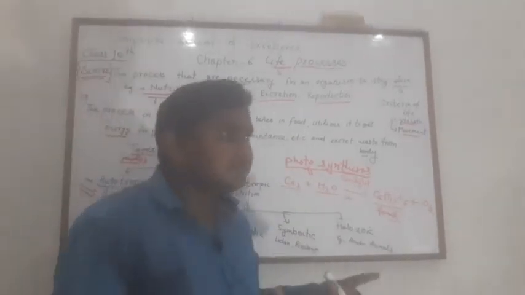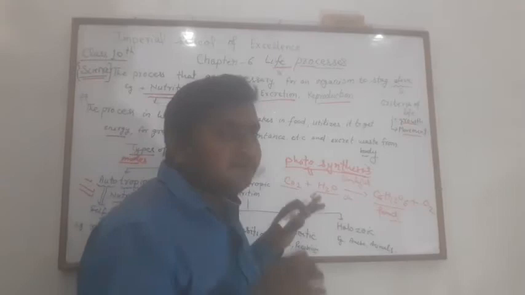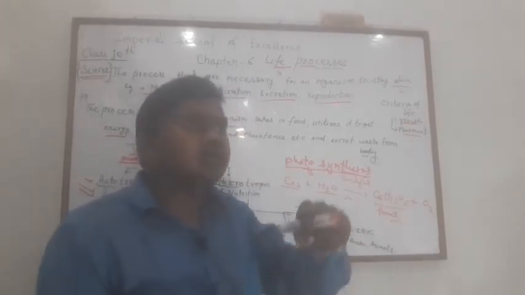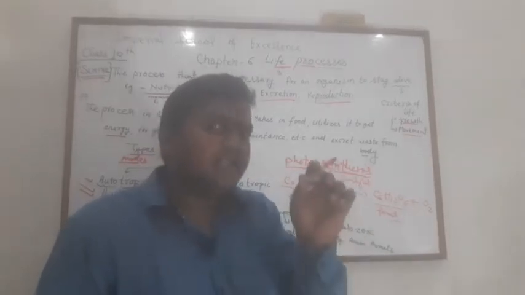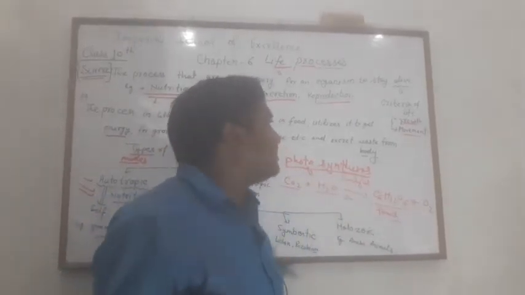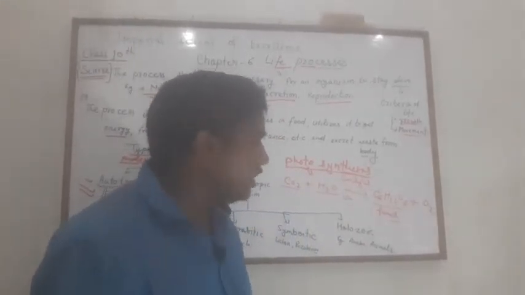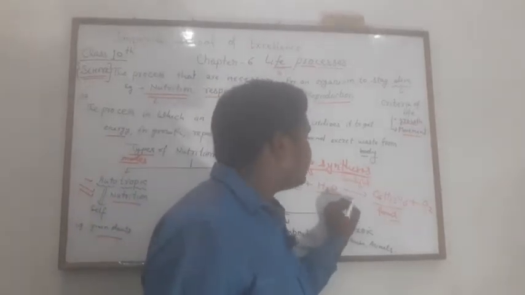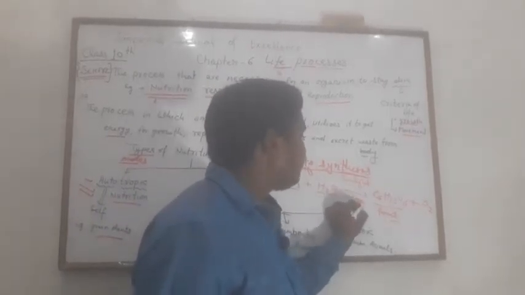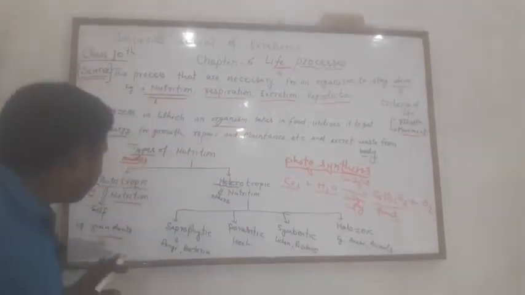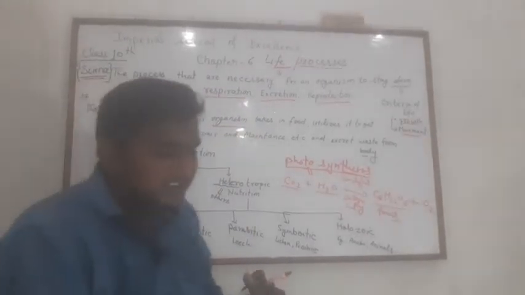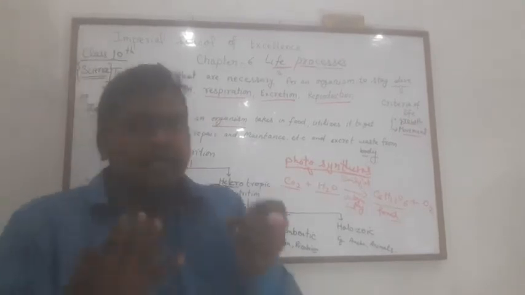Because of that substance the green plants have the color green, and this substance has a pigment of magnesium metal, for that it is green. So chlorophyll is necessary for this. In this process, green plants use carbon dioxide and water and make their food.